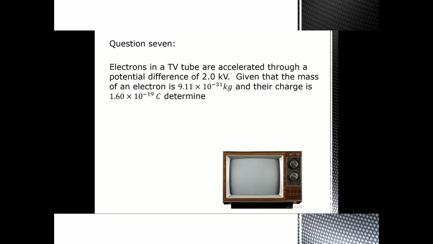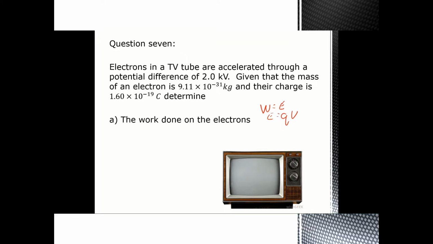Alright, an extension question. This is a good exam type question. Electrons in the TV tube are accelerated from a potential difference of 2 kilovolts. Given the mass of an electron is 9.11 times 10 to the minus 31 kilos and their charge is 1.6 times 10 to the minus 19 coulombs, determine the work done on the electrons. Well, work is the same as energy, which is equal to QV.